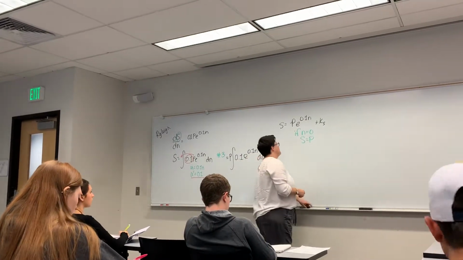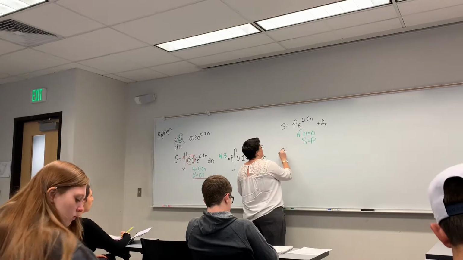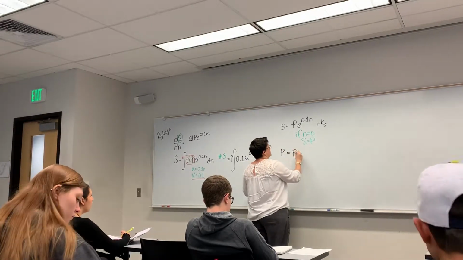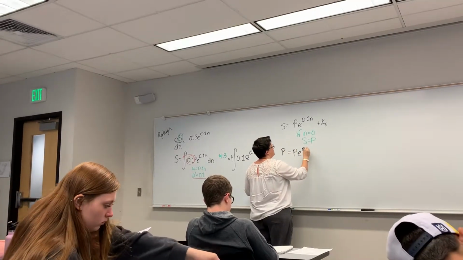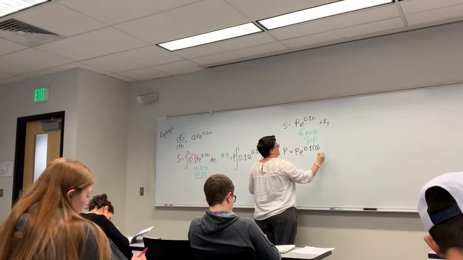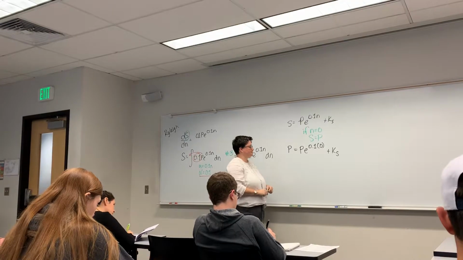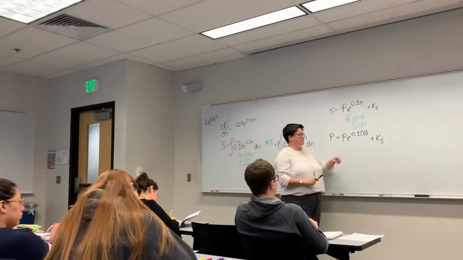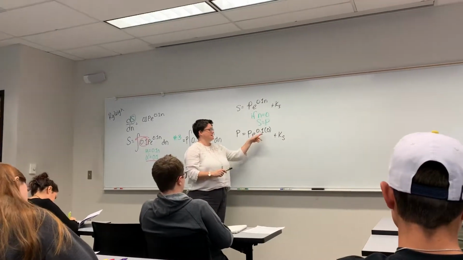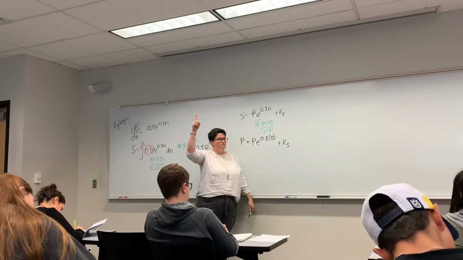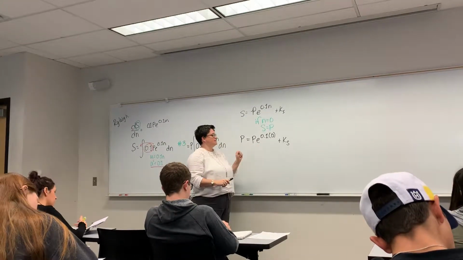So now we just substitute it in. So we're going to plug in P for S. And we're going to take a value of 0 for n, and we're going to solve for k. Lovely. What's 0.1 times 0? And e to the 0 is 1. And p times 1 is?